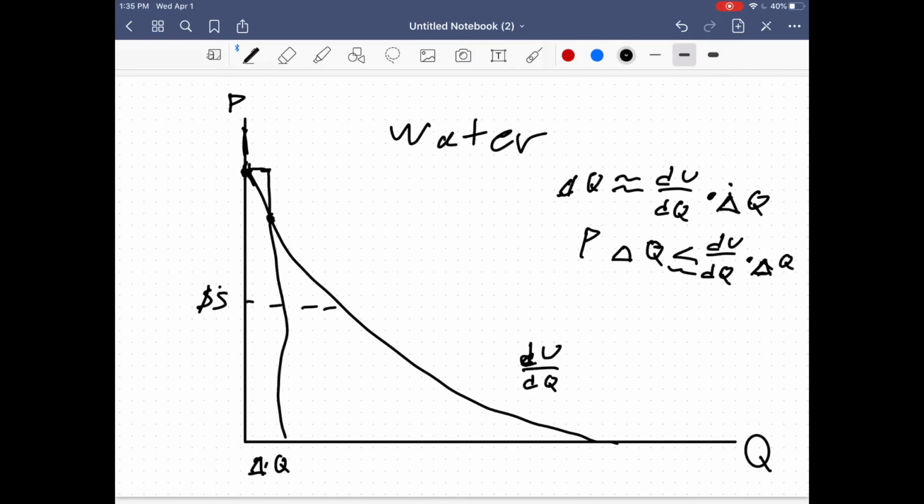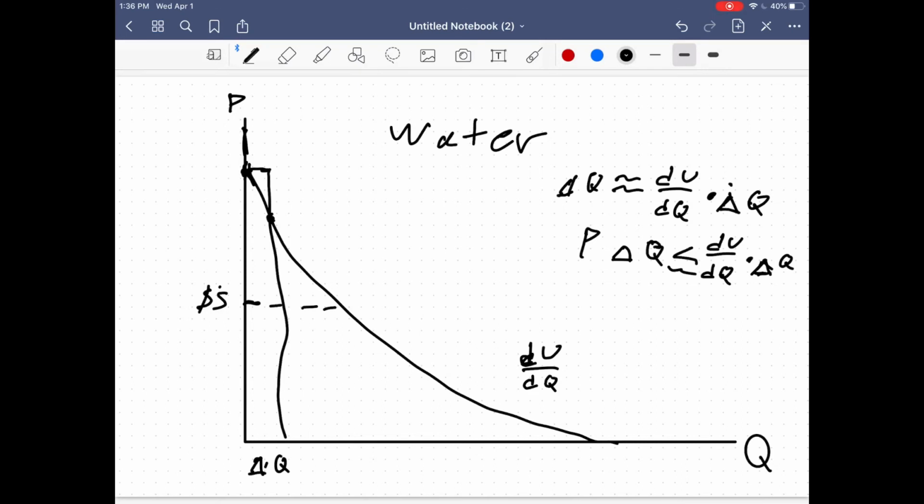Maybe the best way to think of it is that the $5 is how much utility you're losing per extra unit of water that you buy, and you're gaining whatever this curve is, du/dq. That is what you're picking up.